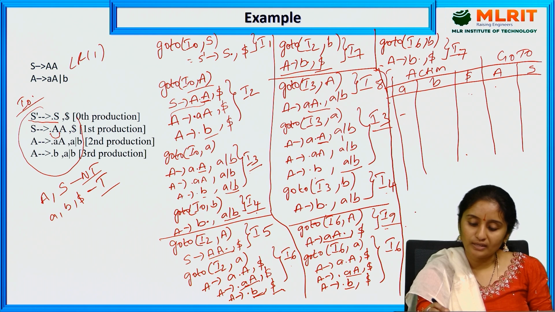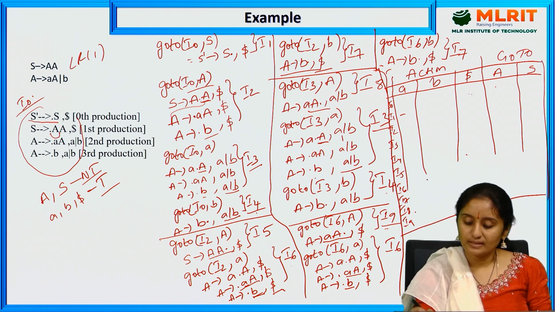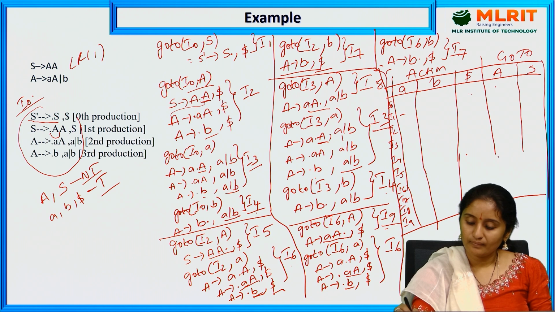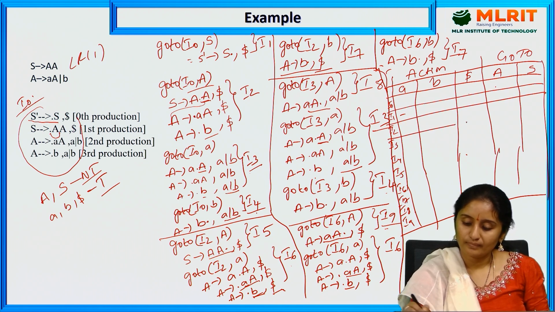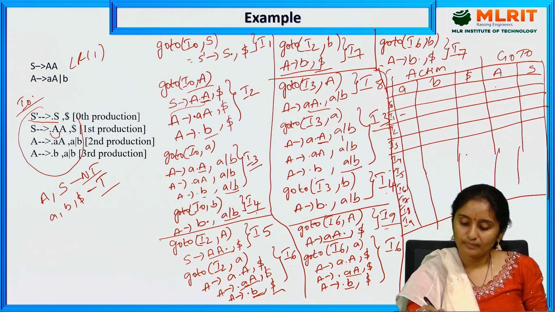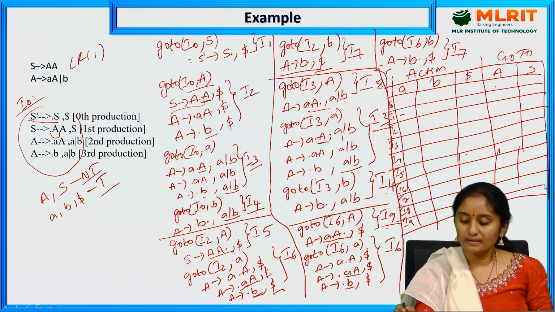So we need to write here the I9 states: I0, I1, I2, I3, I4, I5, I6, I7, I8, I9. These are the 9 states we have.